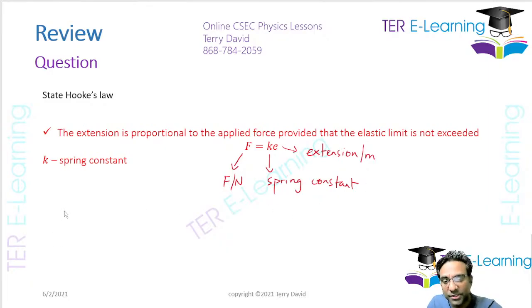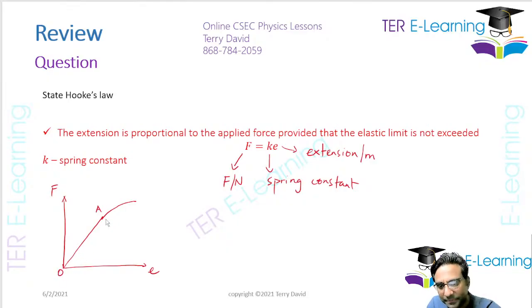So if I were to draw a graph to represent Hooke's law, plotting force against extension, my graph is going to look like this. It's going to be a straight line initially, up to a point, and then it's going to start to curve like this. If this is my origin, you have a point A and a point B on this graph.